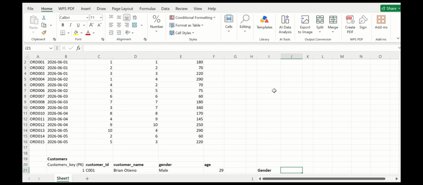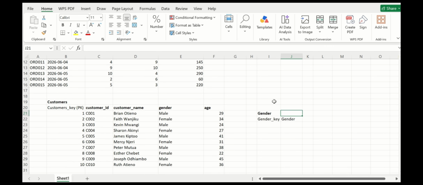For the gender key, the values of gender are male and female.